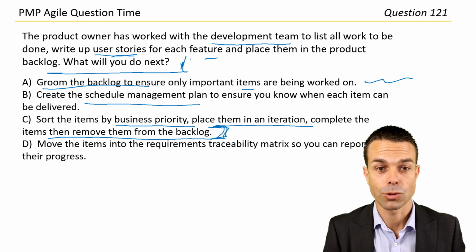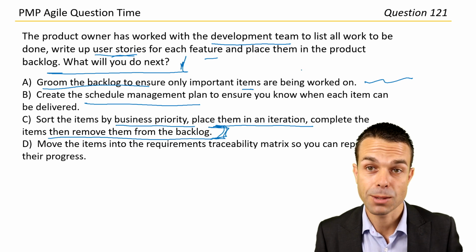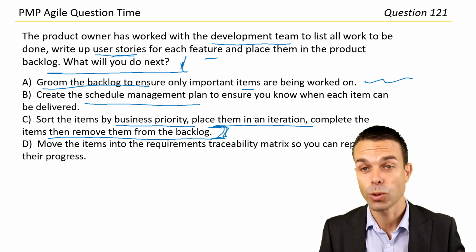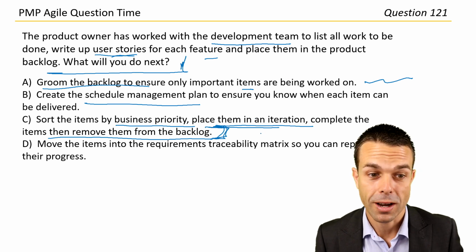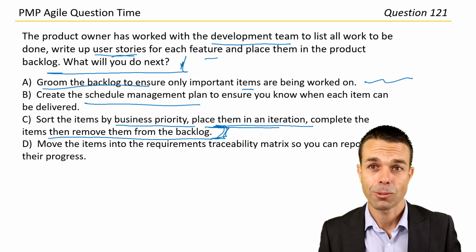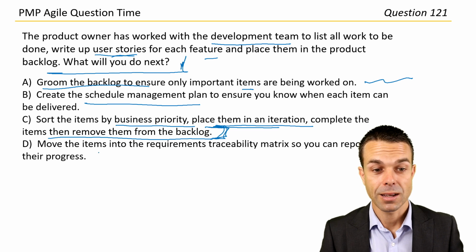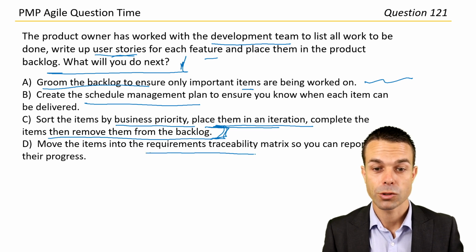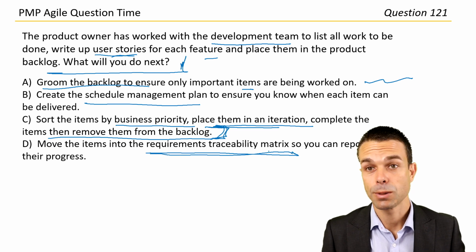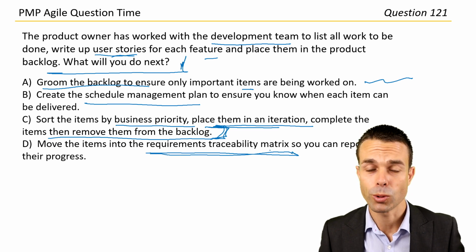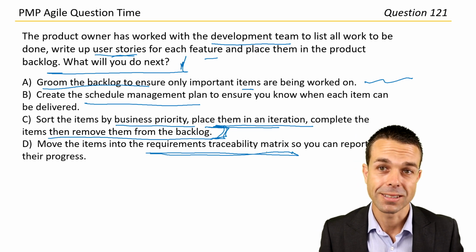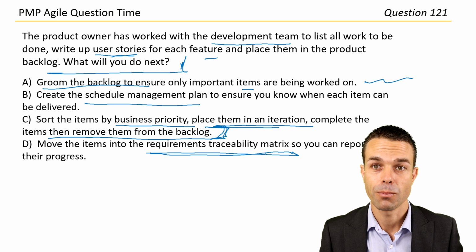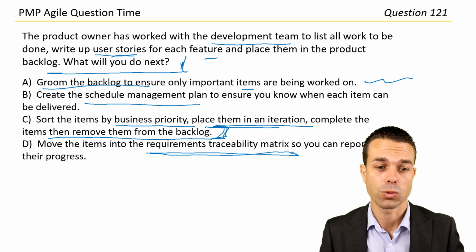So we've written up the user stories, we've placed them in the product backlog, then we sort them by business priority, place them in an iteration, complete those items and remove them from the backlog. I think that one's looking really good so far. Lastly, move the items into the requirements traceability matrix so you can report on their progress. Requirements traceability matrix is still really important, and you might see this used in an Agile team as well as a predictive method or a waterfall project as well.